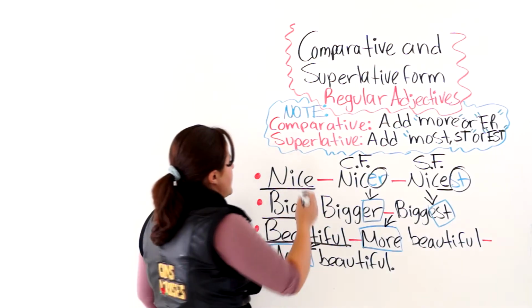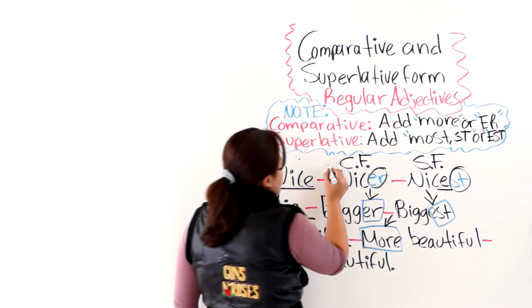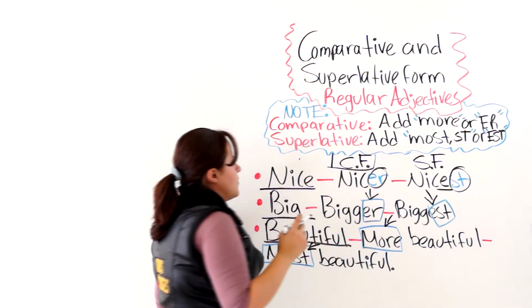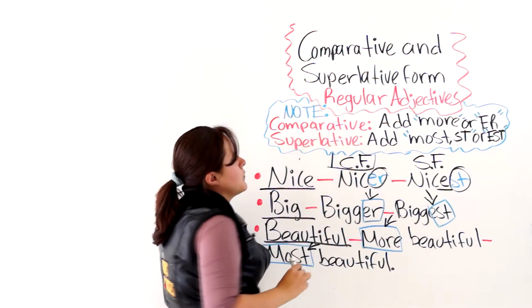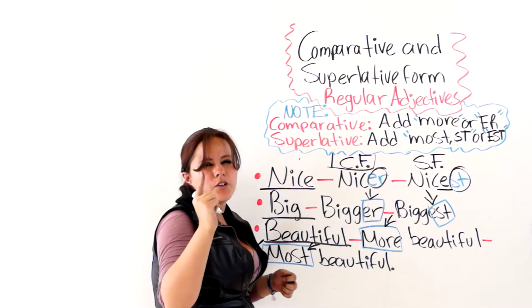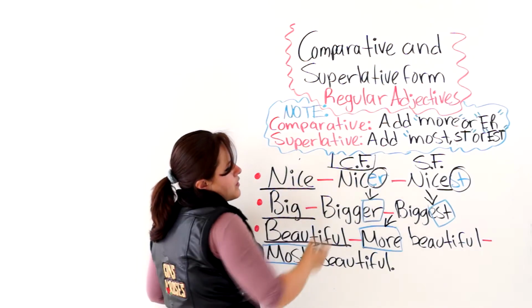The first one, nice. So we want to change it into the comparative form. This is what CF stands for. It says that when you want to make the comparative form, just add er at the end when it has 1 or 2 syllables. So nice, nicer.